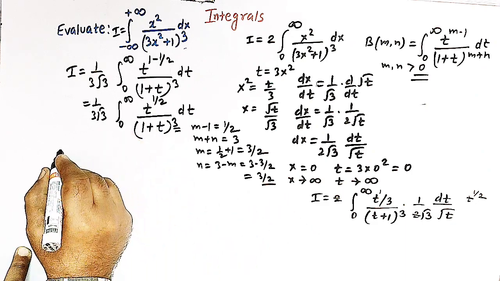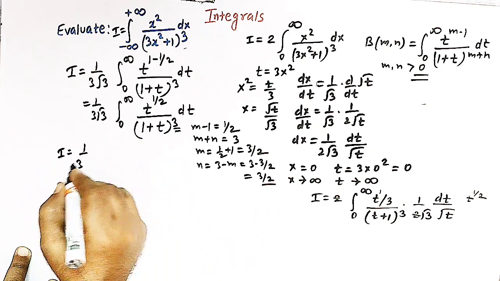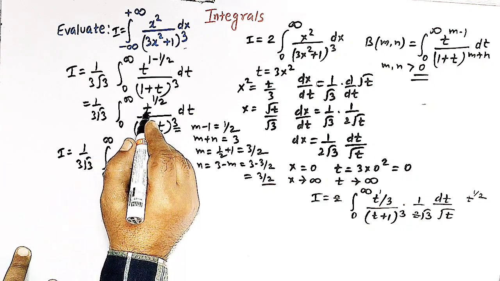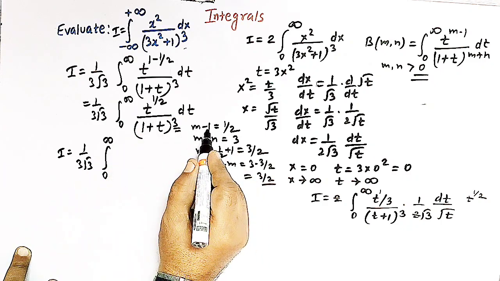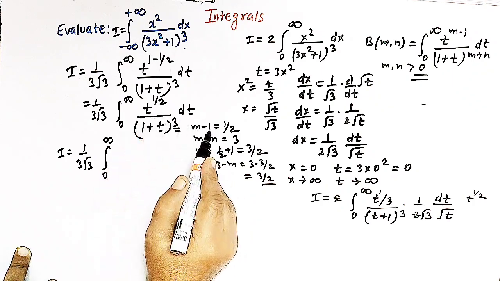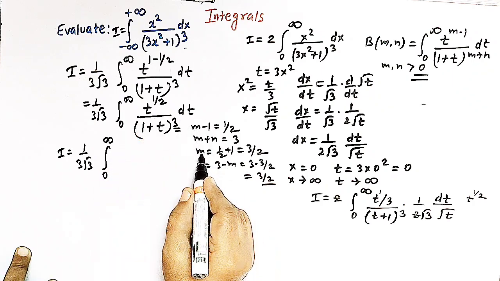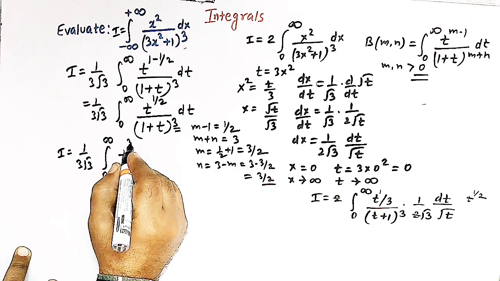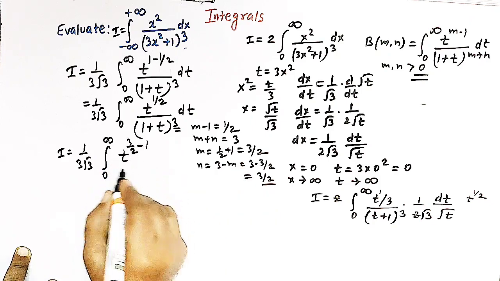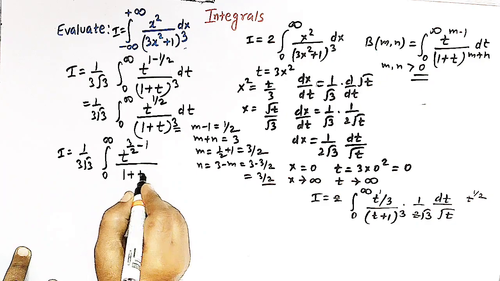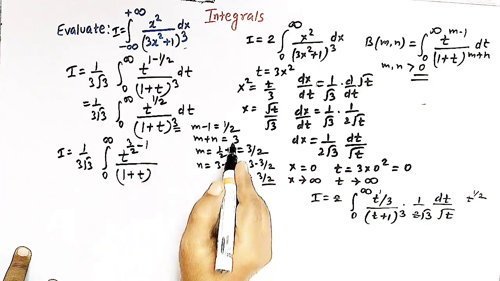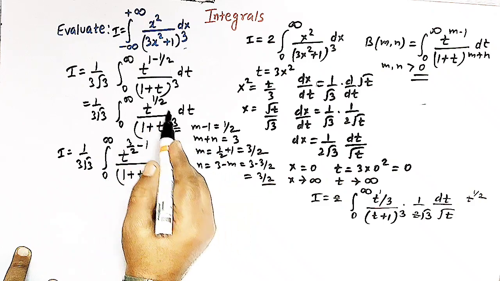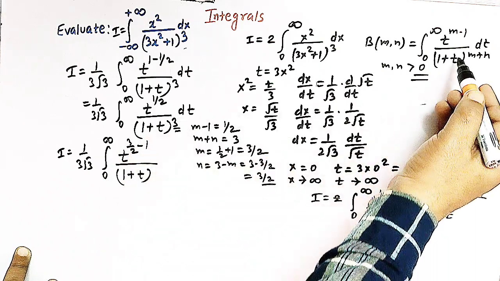So now we can write the integral I as 0 to infinity, and t raised to half is m minus 1, that is 1 over 2 is m minus 1, and m is 3 by 2. So we can now write t raised to 3 by 2 minus 1, and here we have 1 plus t raised to 3. Now 3 is equal to m plus n, right? Because we wish to write this integral in this form.